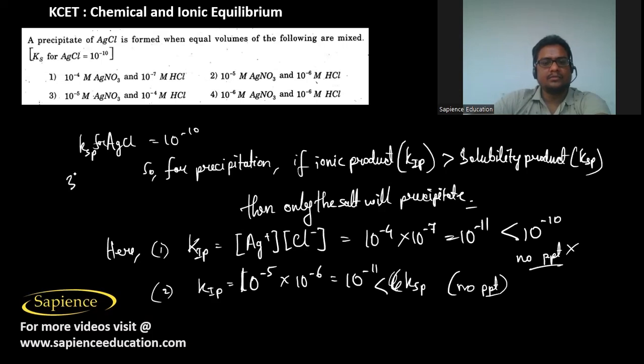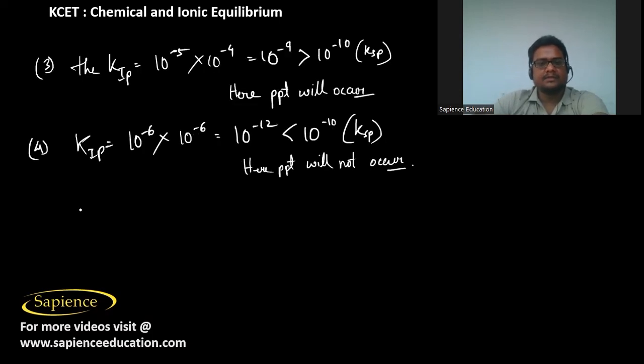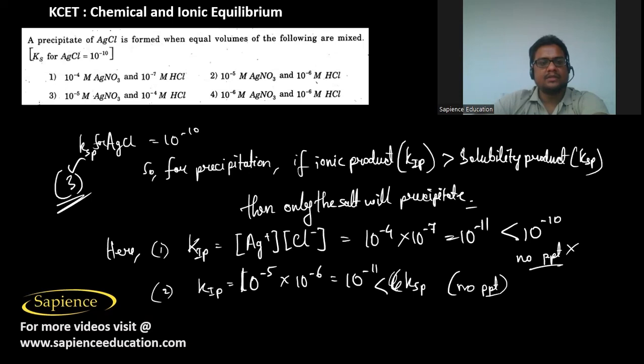So option 3 is the correct answer. In option 3 only, the precipitate of AgCl will be formed.